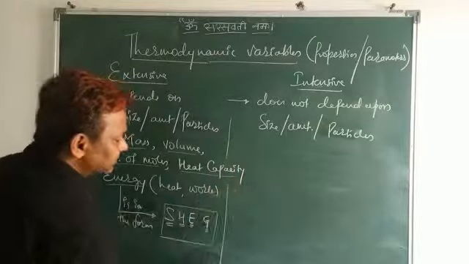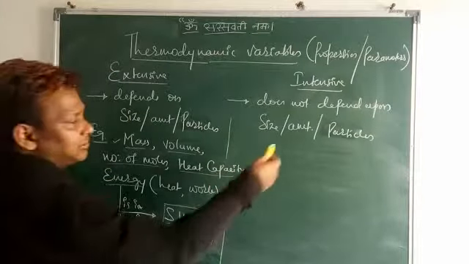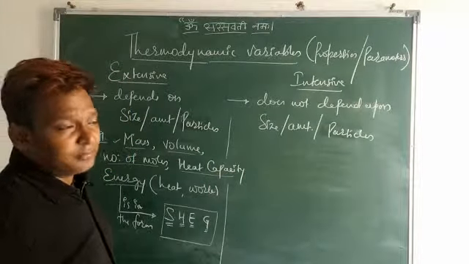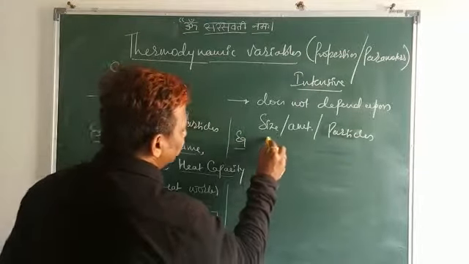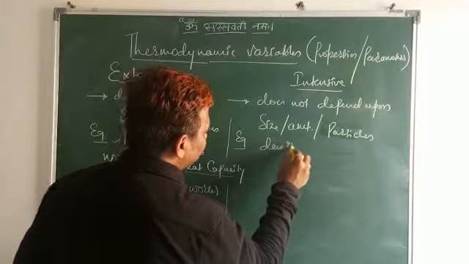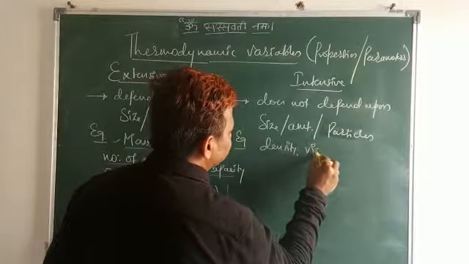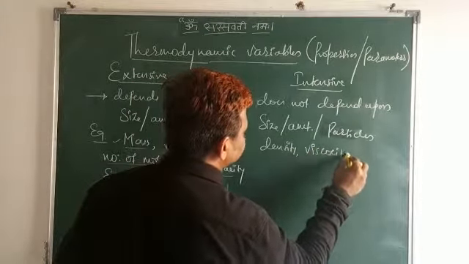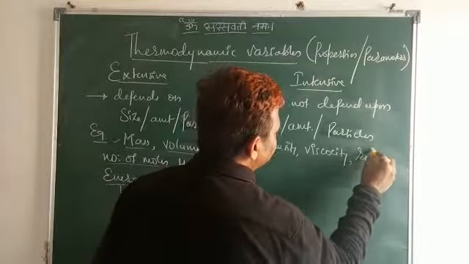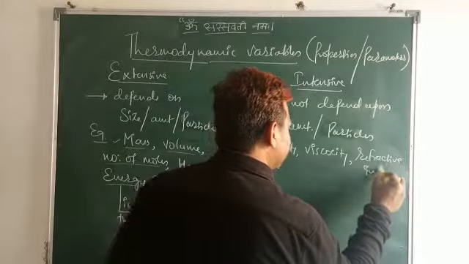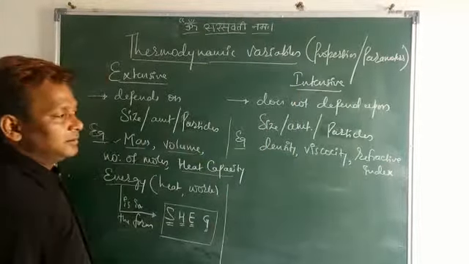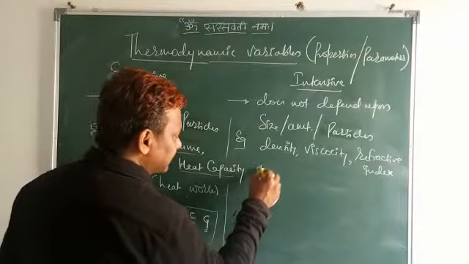The other part we are going to discuss is intensive. A property which does not depend upon size, amount or particles is called intensive. Very good examples to remember are density, viscosity, refractive index, and specific heat capacity.